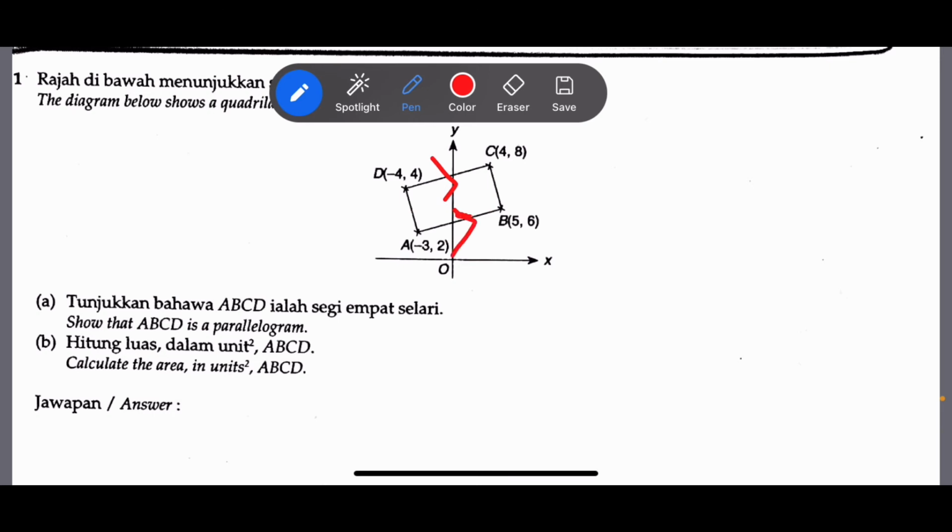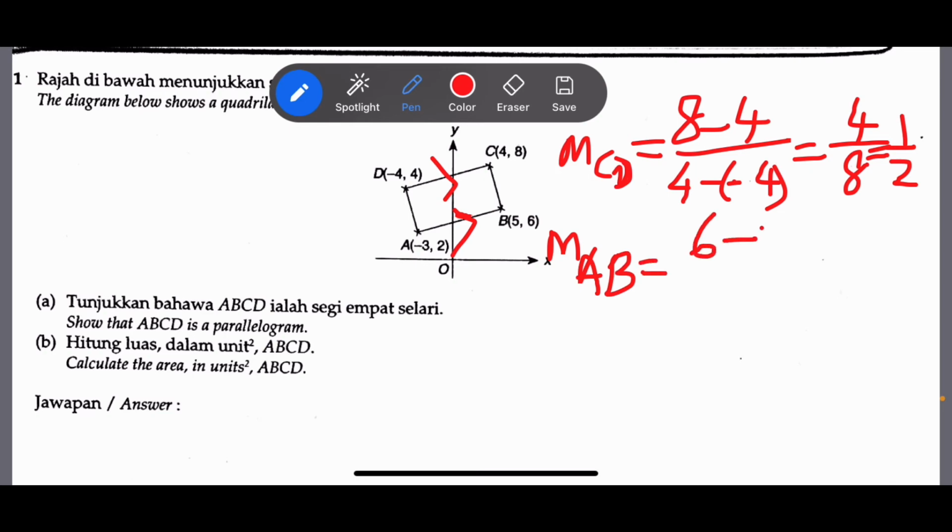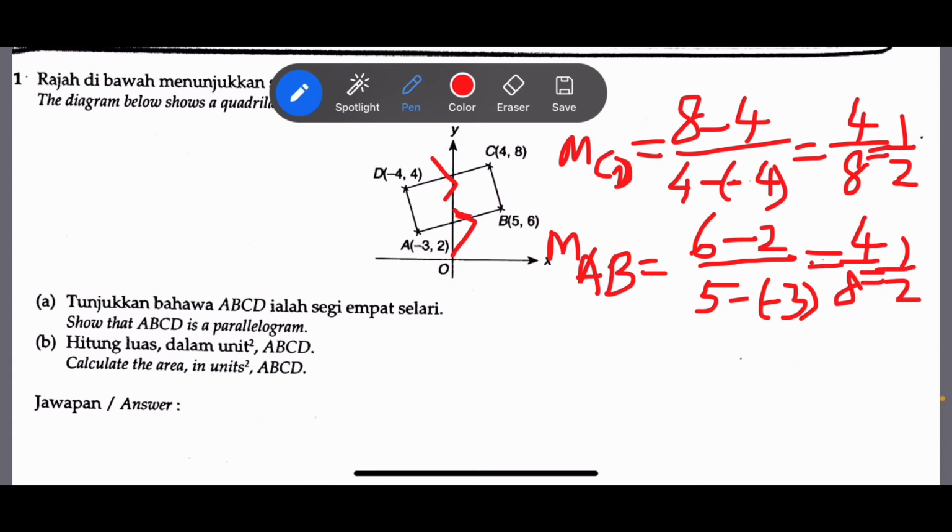Alright, for this question, it is asking you to prove that this is a parallelogram. So in order to prove it is a parallelogram, we need to find the gradient for two pairs of lines, which is gradient of CD, we are getting 1 over 2, and gradient of BA or AB, we will try to find and show that it is also 1 over 2, so 6 minus 2 over 5 minus negative 3, so we are getting the same, which is 4 over 8 or 1 over 2.